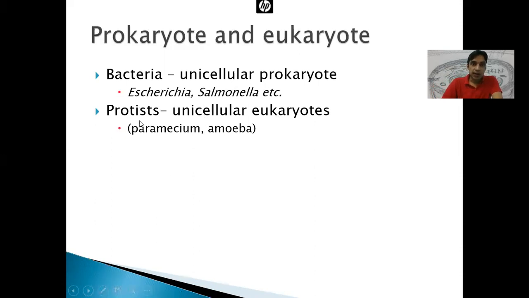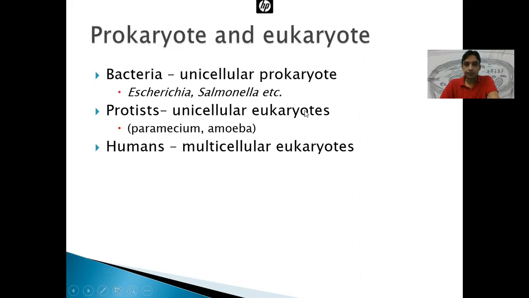The other category, the protists, are unicellular eukaryotes. What does that mean? They are single-cell organisms like paramecium and amoeba, but those cells are eukaryotic in nature, and these are placed under a category called protists.